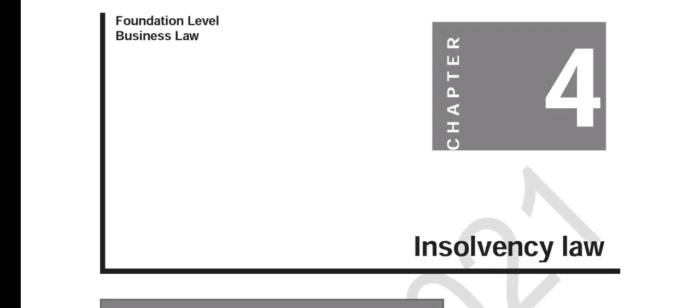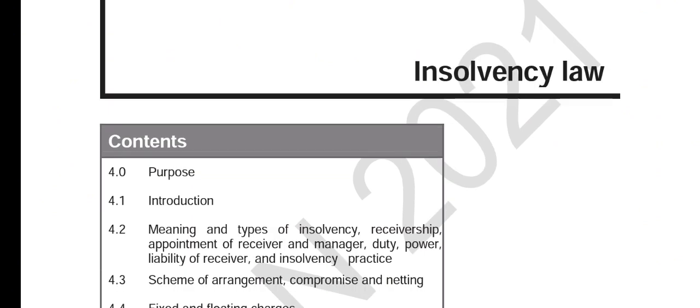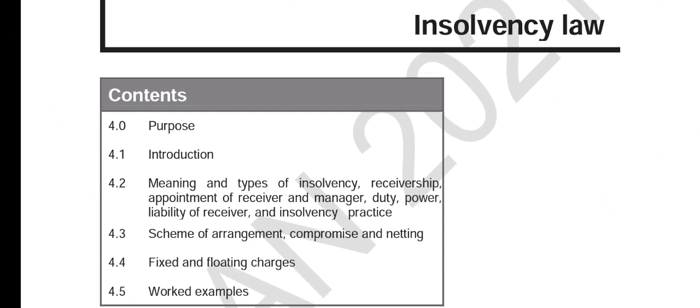So in today's video we are going to continue from chapter 4 of the ICAN Foundation Level Business Law exam, and the topic is Insolvency Law. We're going to be covering the course content, which has to do with the purpose, the types of insolvency.